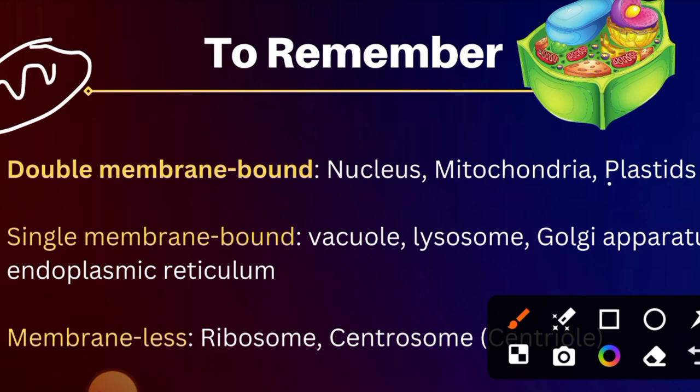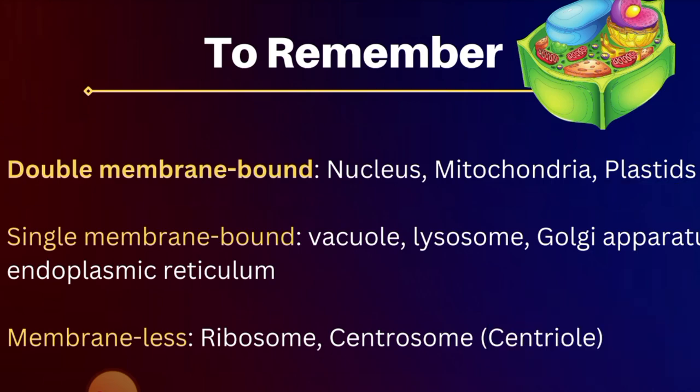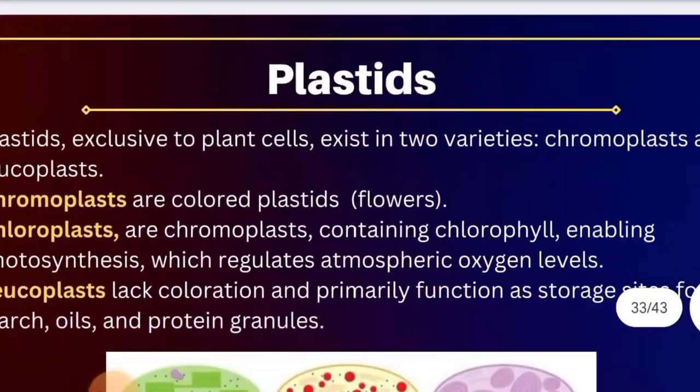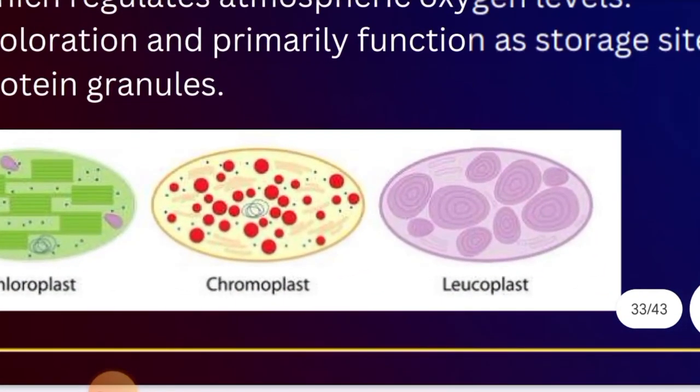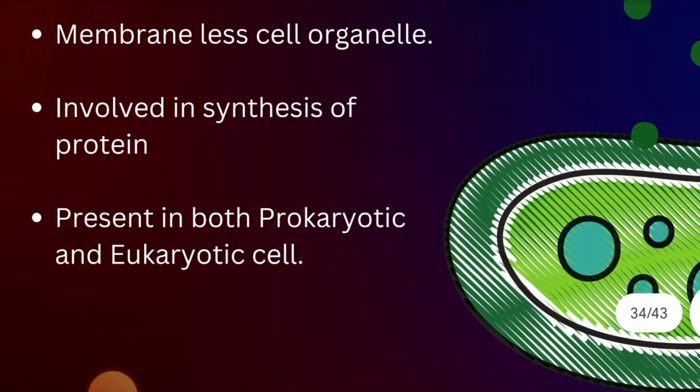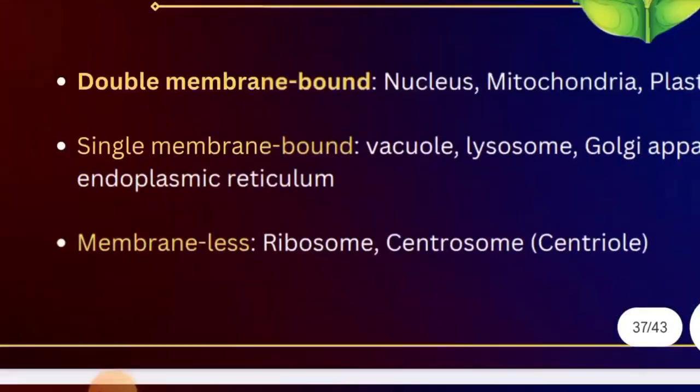Next is plastid. Just now we saw they also have two membranes, one outermost and one inner. Leucoplasts show this more nicely, and we can understand it more easily.